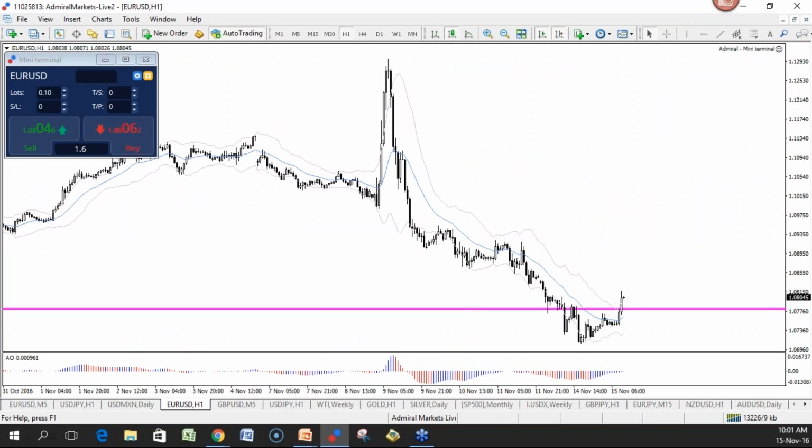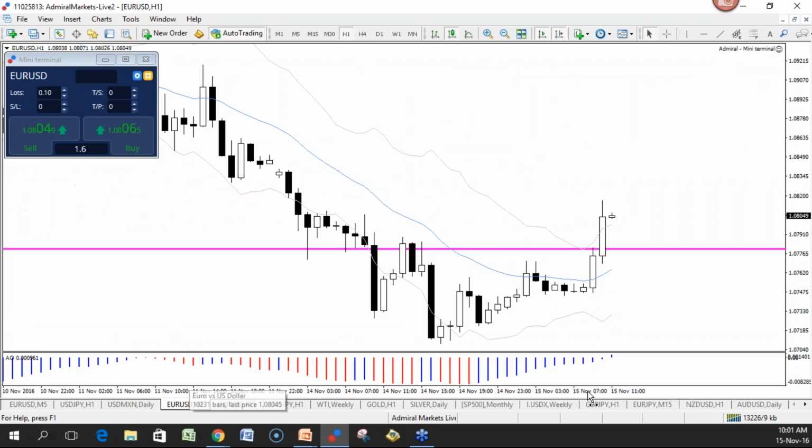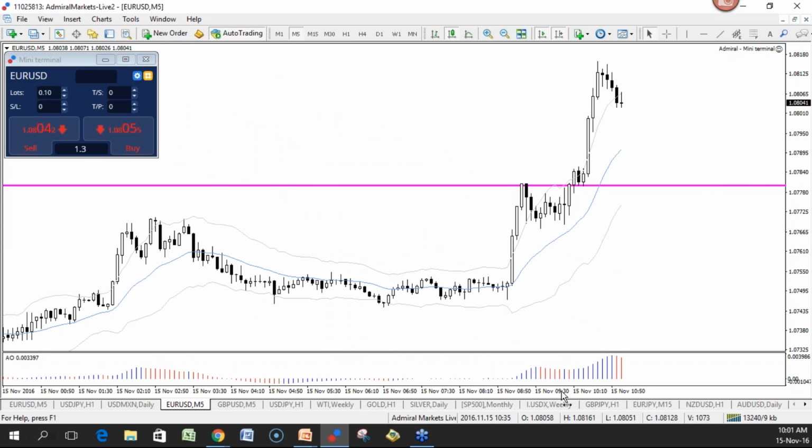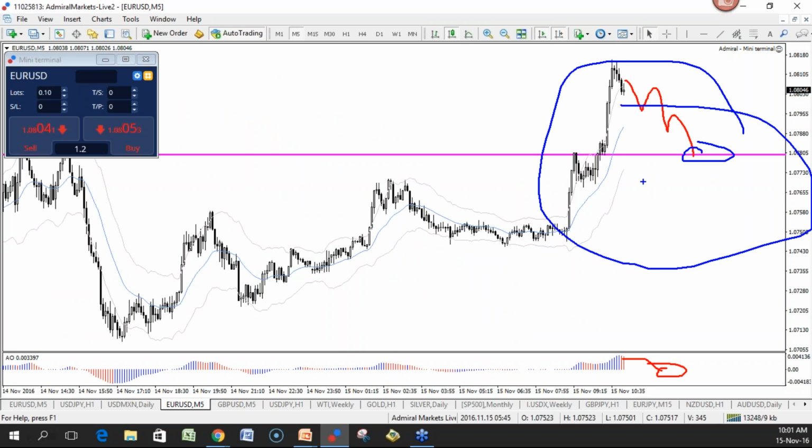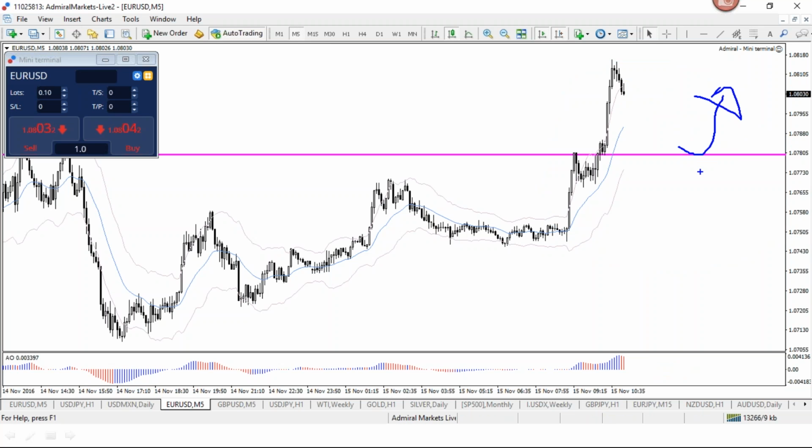Others, the euro dollar is interesting. It's a reversal trade. It had a pretty good close near the high, a close above the Keltner. If there's a retracement here, I would be interested in trying to continue with the euro dollar. This might be a lengthy correction, though. I would like to see this go back to the zero line. I think this structure could play out quite long, but at the end of the day, I do think there should be that bounce and continuation.